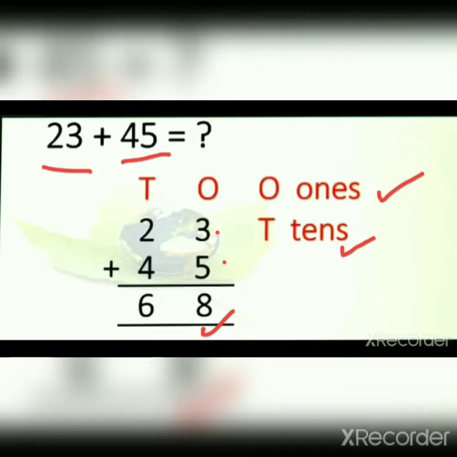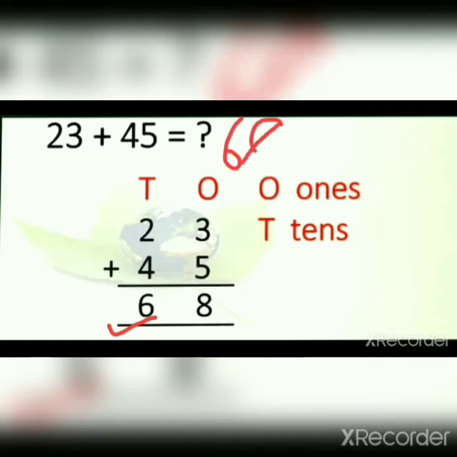After that we will add 2 plus 4. Now 2 plus 4 is equal to 6. So 6 we will write under the tens column. Now 23 plus 45 is equal to 68.